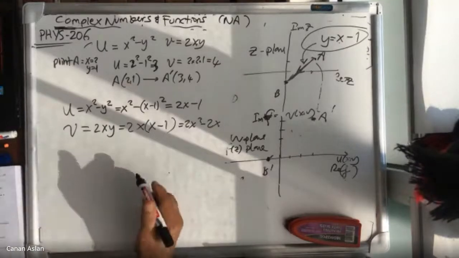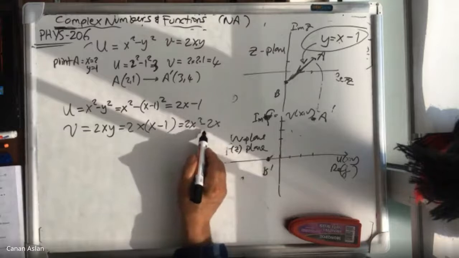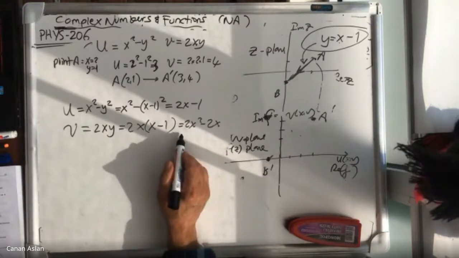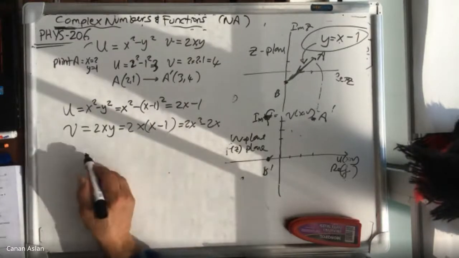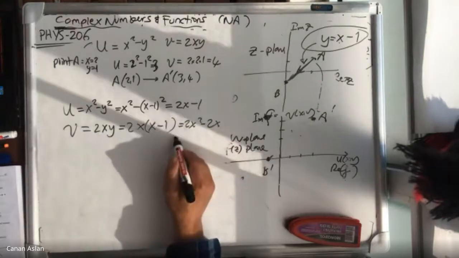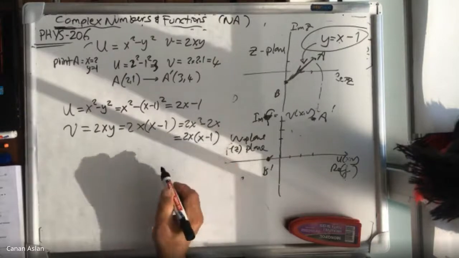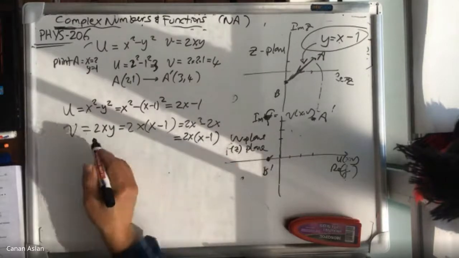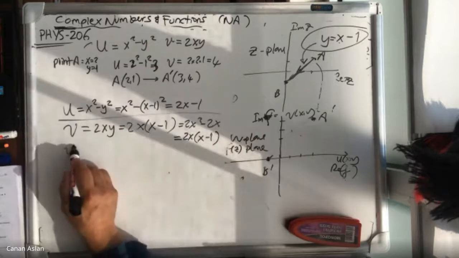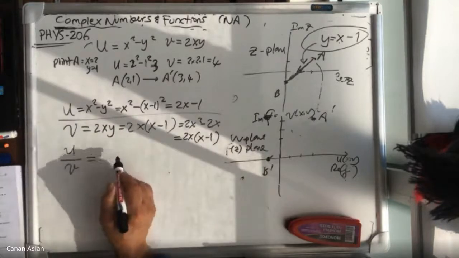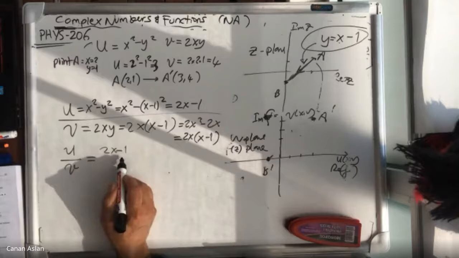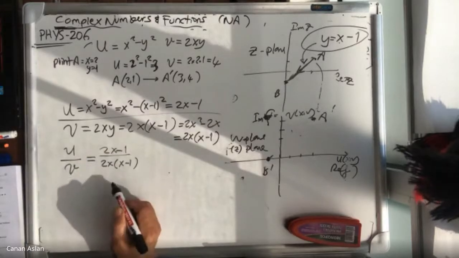So now let's write it as 2x times (x minus 1). If you divide both sides, you get u over v, which is equal to (2x minus 1) divided by 2x(x minus 1).